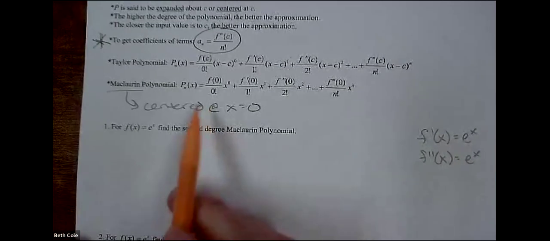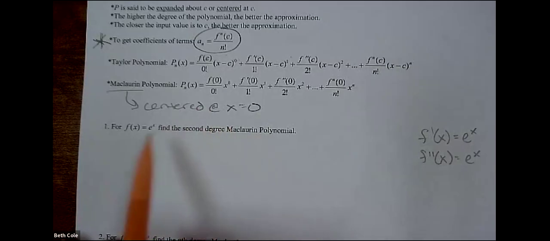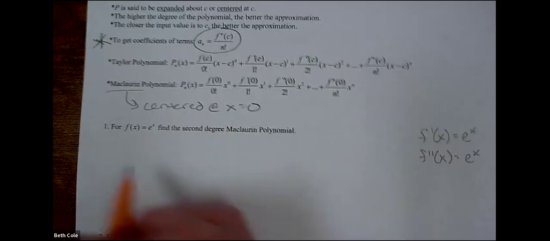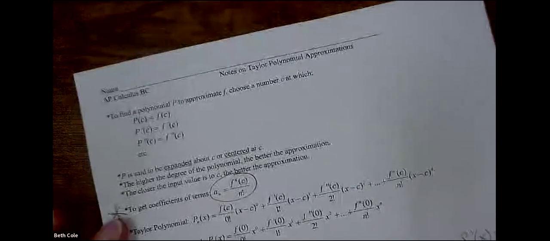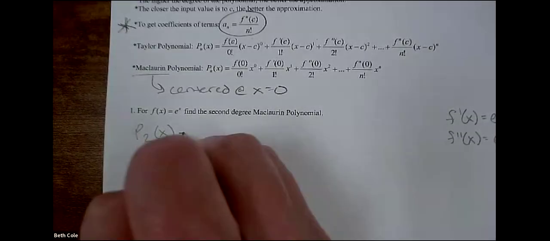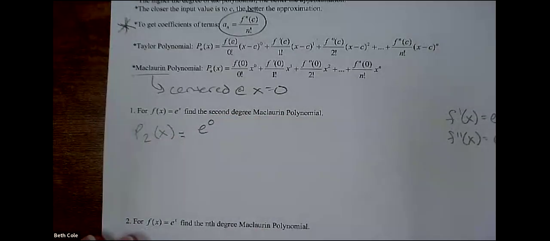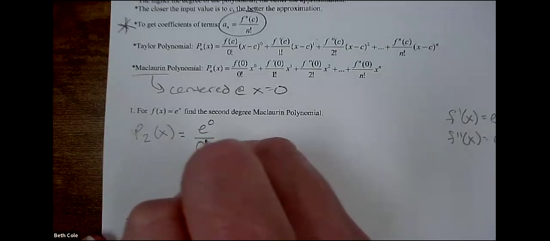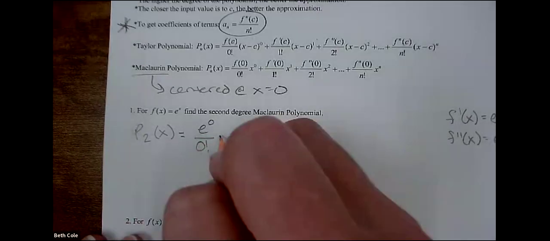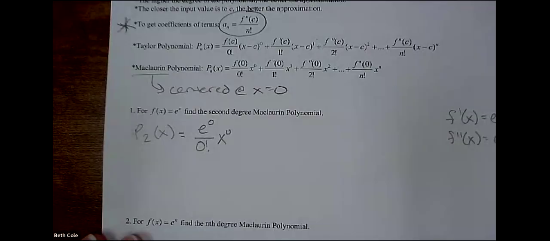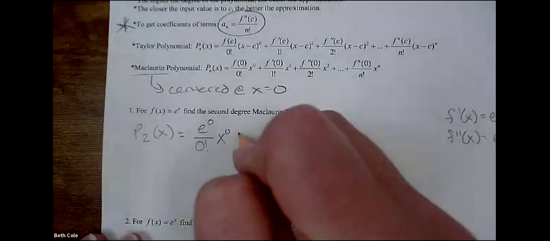So let's go ahead and set it up. What are we doing? Maclaurin. So we're going to have e to the, I should label. What degree are we doing? Second. So we write it like this. P for polynomial. So we're going to have e to the 0 over 0 factorial, x to the 0.